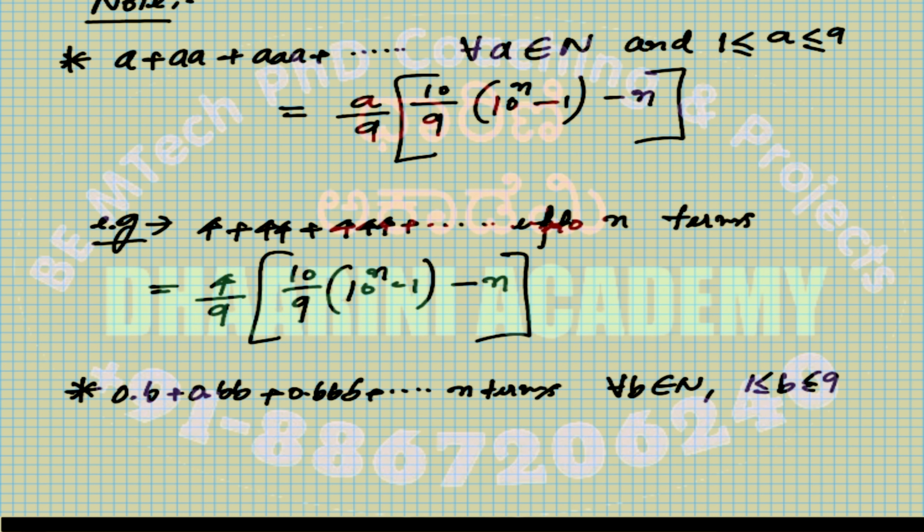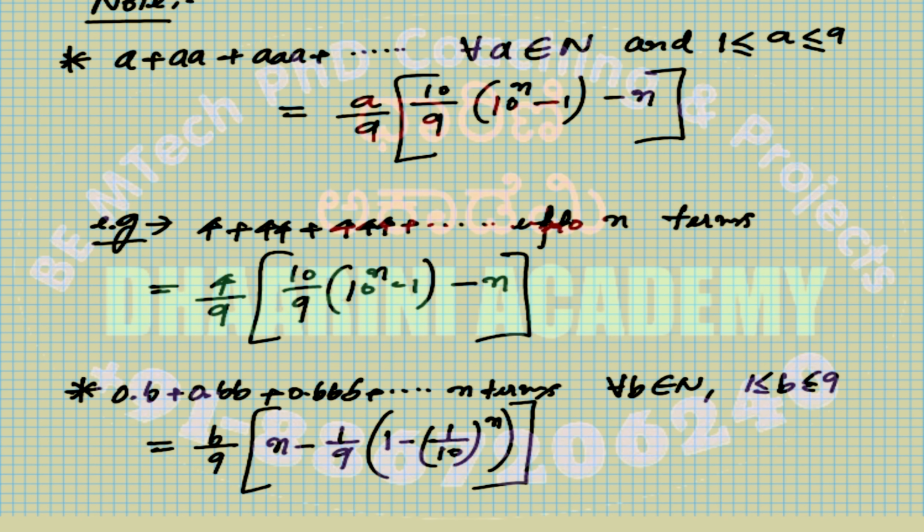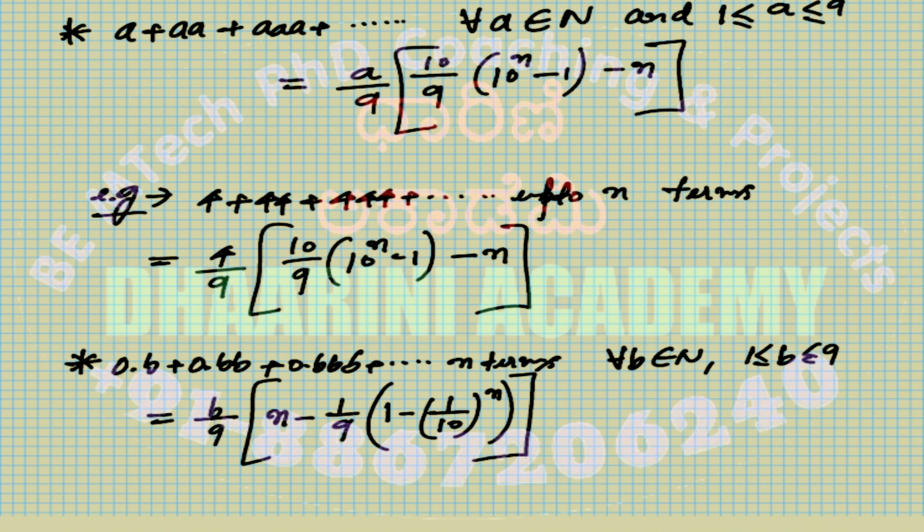If this is the case, then the shortcut answer, the direct answer, can be written as B divided by 9 into n minus 1 by 9 times 1 minus 1 by 10 to the power n. Let me check. B by 9 into n minus 1 by 9 times 1 minus 1 by 10 whole raised to the power n. Yes. Okay, this is the shortcut answer we can directly write.